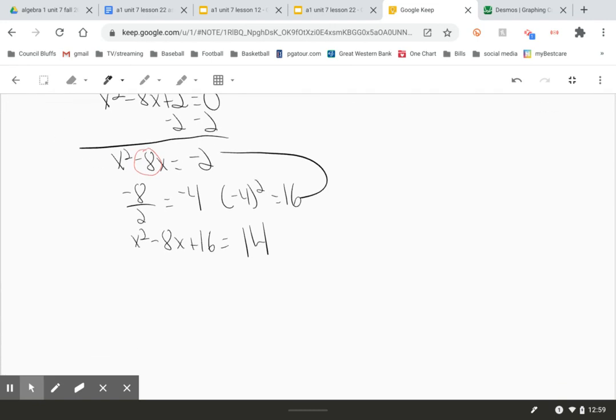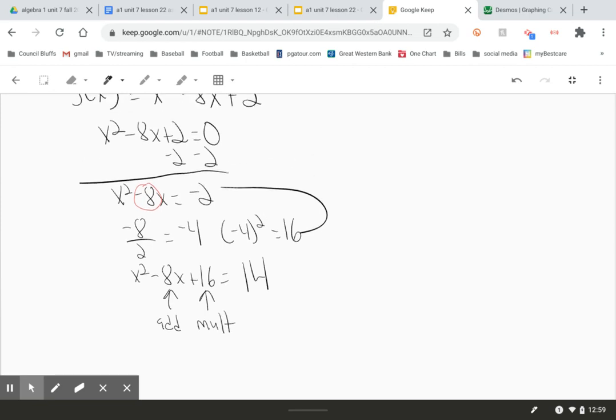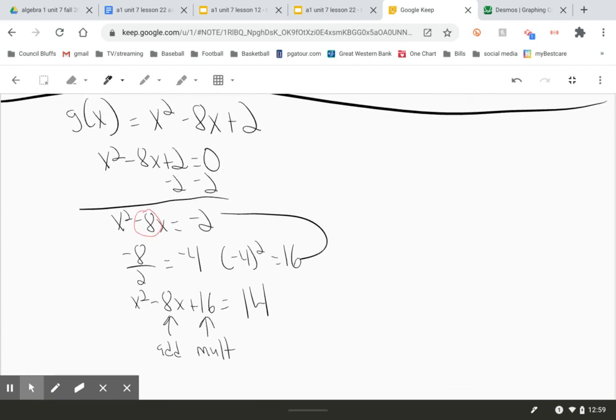All right, so let's do my add multiply thing and put this in factored form. Okay, so what two numbers add up to -8 and multiply to 16? It's going to be -4s, -4 twice.